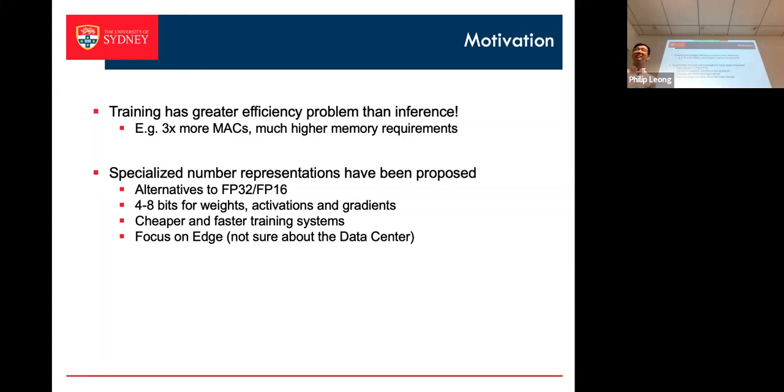And in fact, there's a working group which is trying to define an 8-bit format for FPGA training, which they're working on right now. It turns out that it is possible to do training with 8-bit weights, activations, and gradients, 4 to 8 bits. And of course, if you can do that, it can lead to cheaper and faster training systems.